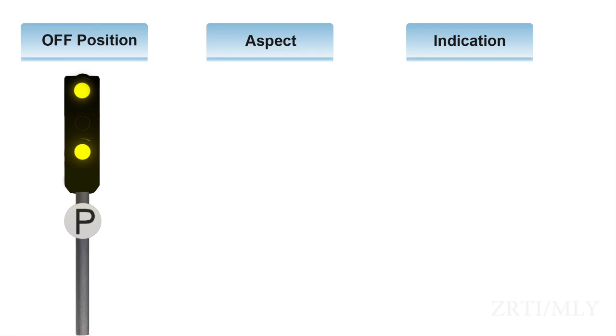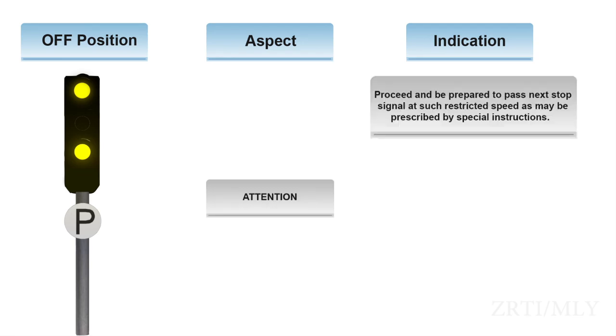The signal you see in double yellow represents off position and the aspect is attention. This gives indication to proceed and be prepared to pass next stop signal at such restricted speed as may be prescribed by special instructions.